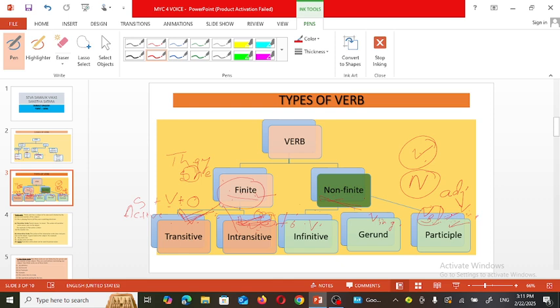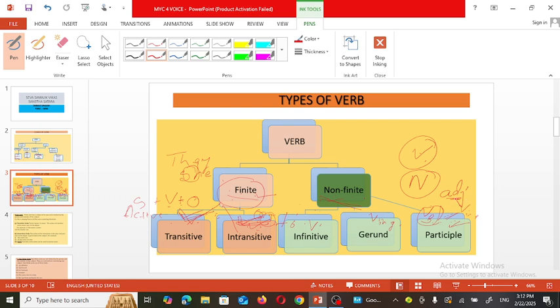For example, she likes reciting poems. What does she like? Poems. Poems is the object in the sentence. She is the subject. Likes is the verb. And reciting is the adjective used for the noun poems.